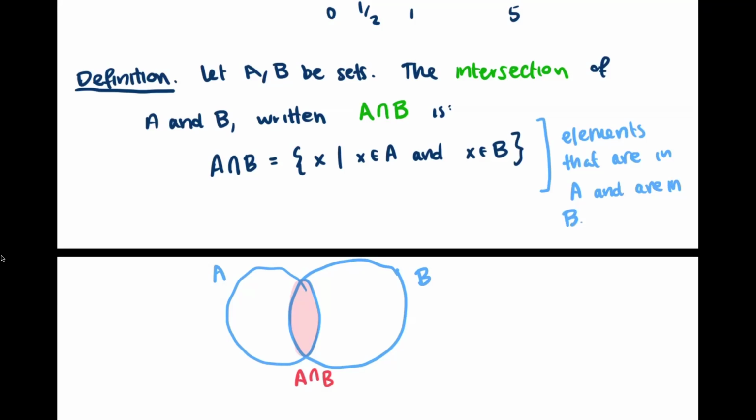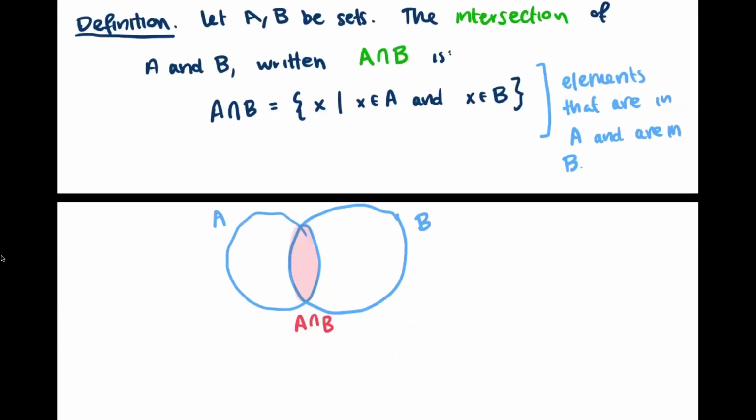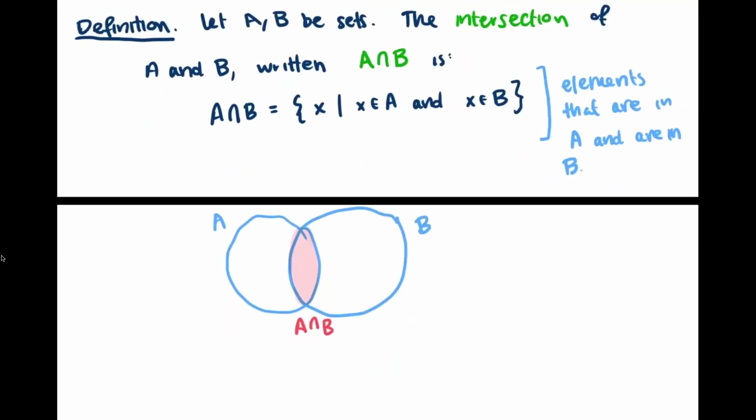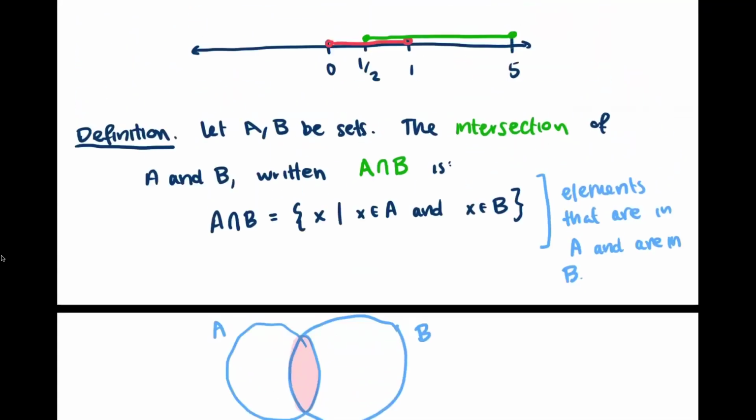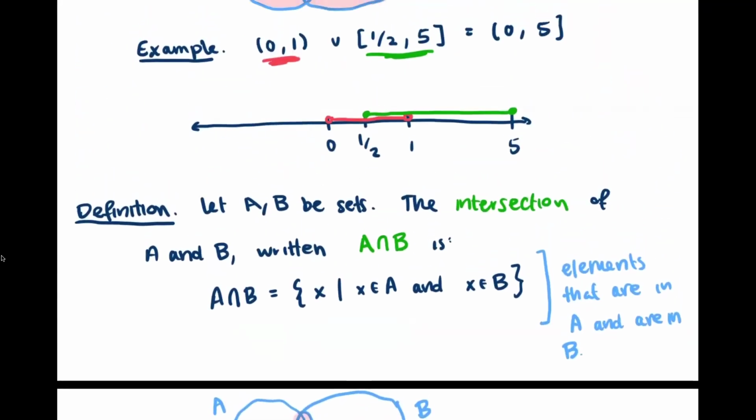Okay, is it making sense? Good. Okay, so let's do an example again with the intervals. And maybe we'll just go back to this same picture. So if I wanted to look at the interval from 0 to 1 intersected with 1/2 to 5, then you can just draw the same picture. And now you're looking for where the two sets overlap, right?